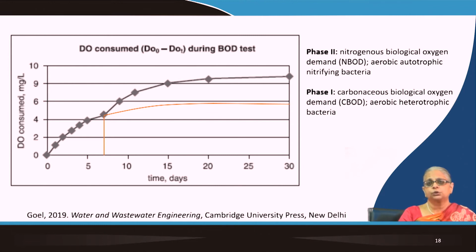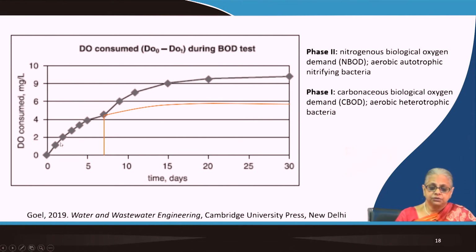But there are two parts to the BOD test, which is not captured in the 5-day BOD test. Now, in the 5-day BOD test, what happens is that you have a very high concentration of organic matter, but you also have a significant concentration of nitrogen. I've already mentioned that nitrifying bacteria are slow growers and they are autotrophs. Heterotrophic bacteria, aerobic heterotrophic bacteria, are fast growing bacteria, and in the presence of oxygen they will multiply very fast as long as the carbon containing substrate is present.